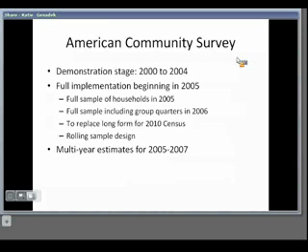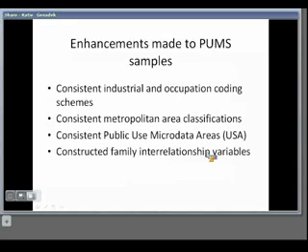The Census Bureau has a habit of changing geographic boundaries, and we try to keep them as consistent as possible to do research over time. And probably the largest benefit that we think we've done to the data is making these family interrelationship variables, where we've created families and you can attach characteristics of your spouse or children onto a person record, and we've tried to identify who's related to whom within a household.